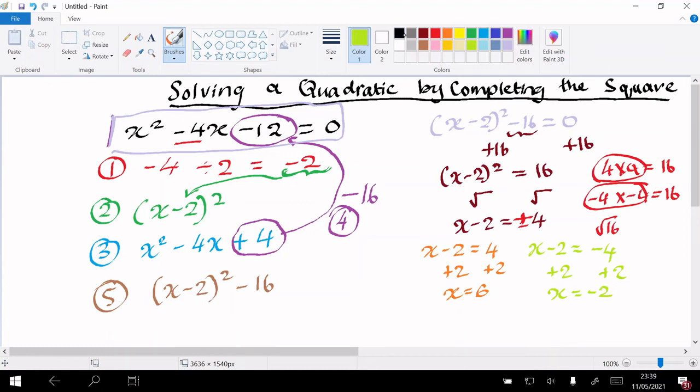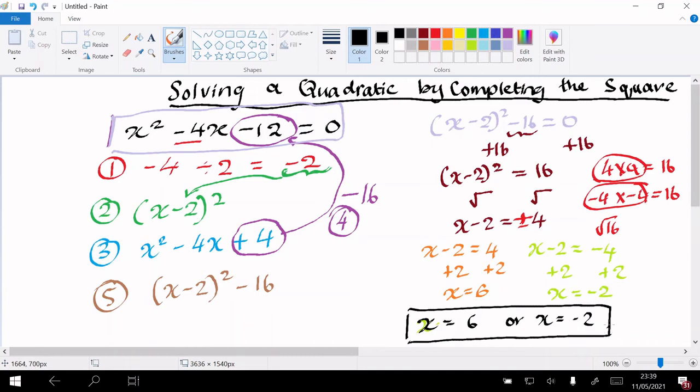So the two solutions I have, x is equal to 6, or x is equal to minus 2. And that's it. You have solved the quadratic using completing the square.